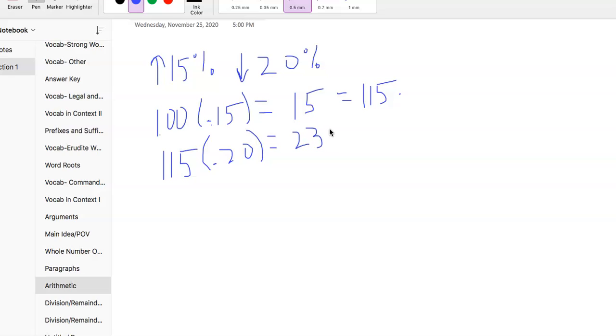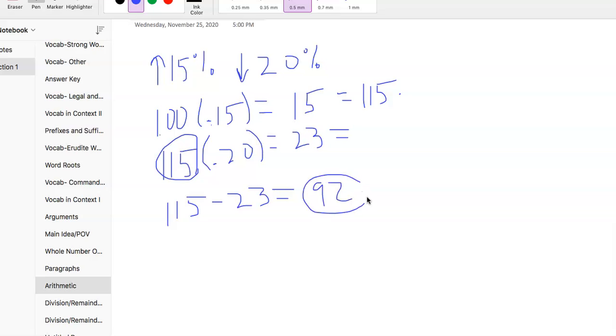So now it dropped 23. We had 115 at the beginning of month 2, not 100, minus 23 is 92. That's our final number. So we actually dropped 8%.